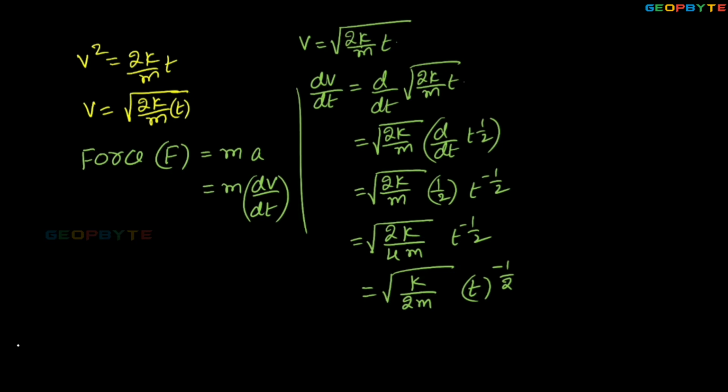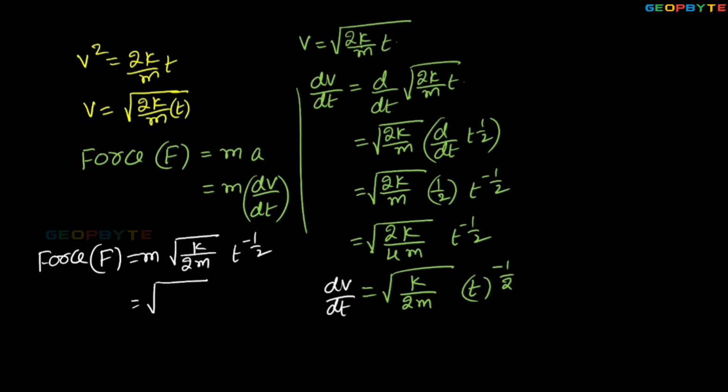Then look at the force. Therefore, force F equal to m into dv by dt. This is the dv by dt: root over k by 2m, t power minus 1 by 2. You bring the m under the root, it becomes m square k by 2m, t power minus 1 by 2.